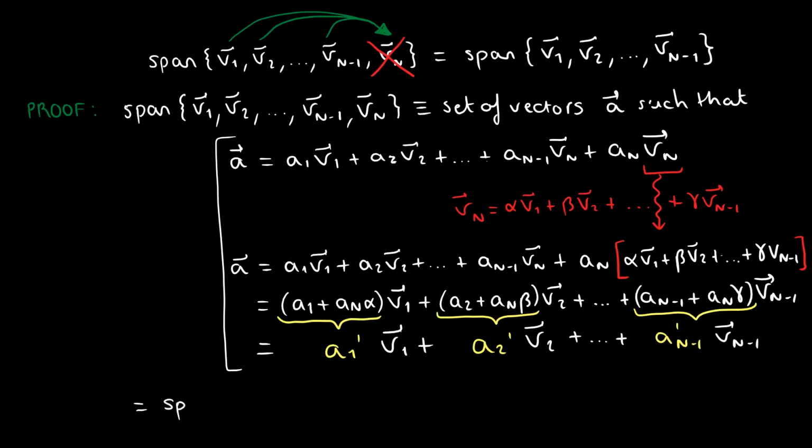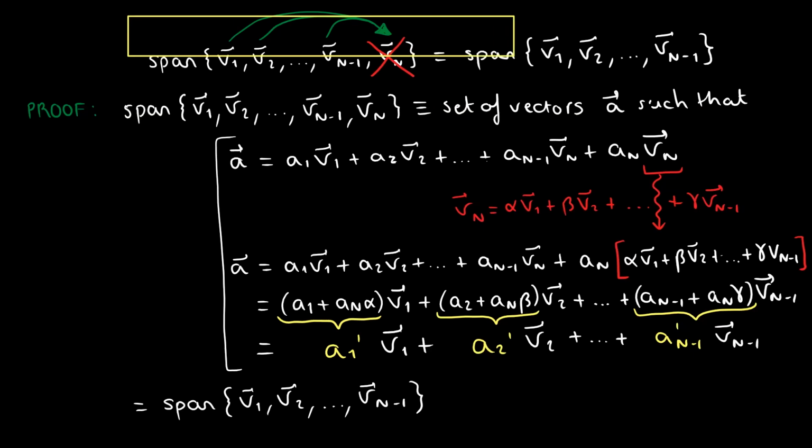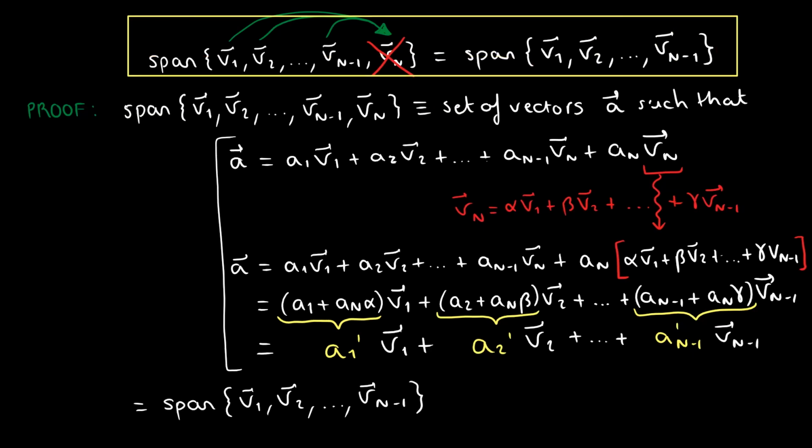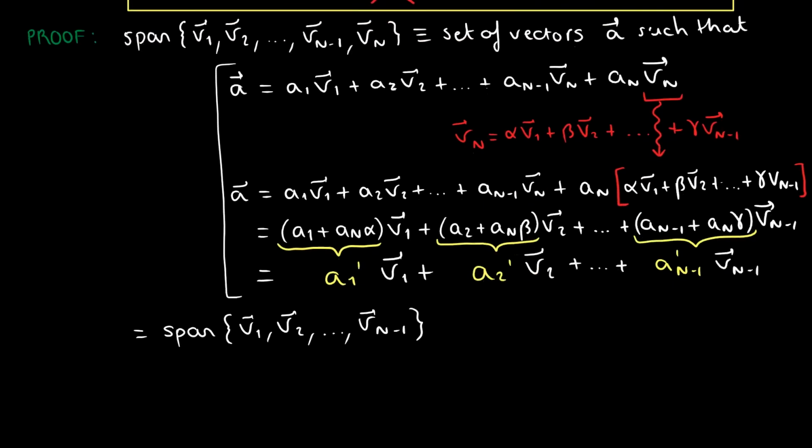But the set of vectors that can be written in this form is exactly the definition of the span of the set of vectors v1, v2 up to vn-1, not including vn. So we have analytically proven that the addition of vector vn is redundant in terms of the span.